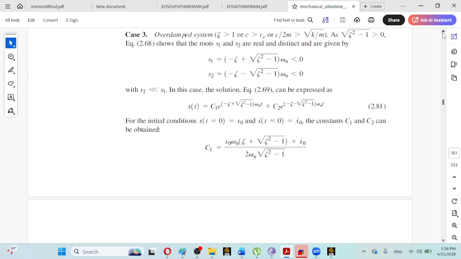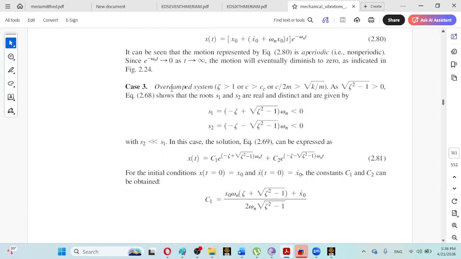After that, the third case, which is very important and requires a bit of rough work, is the overdamped case, the overdamped system. For the overdamped system, the damping factor will be greater than 1, or c will be greater than c subscript c.